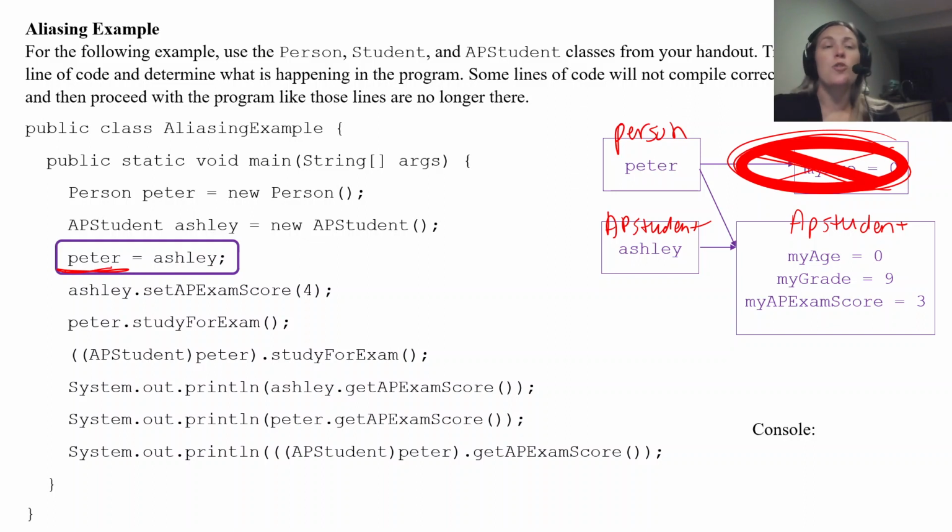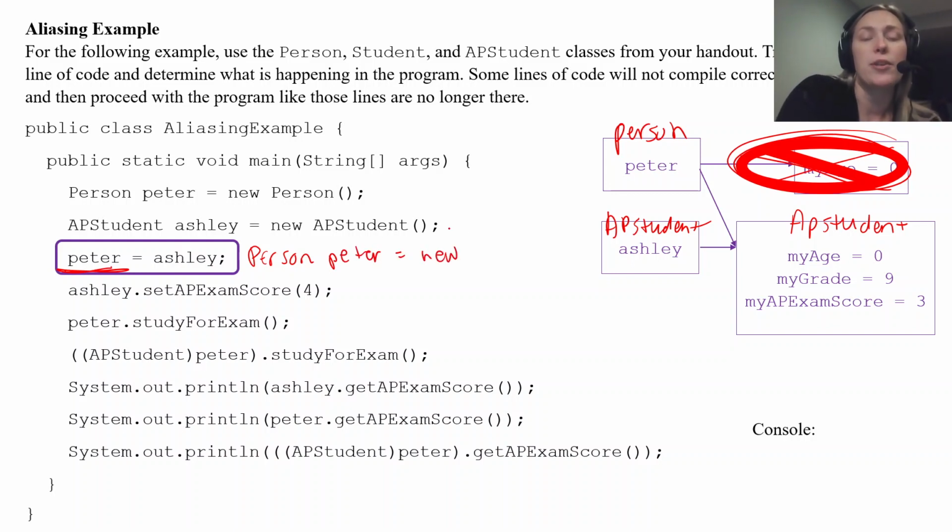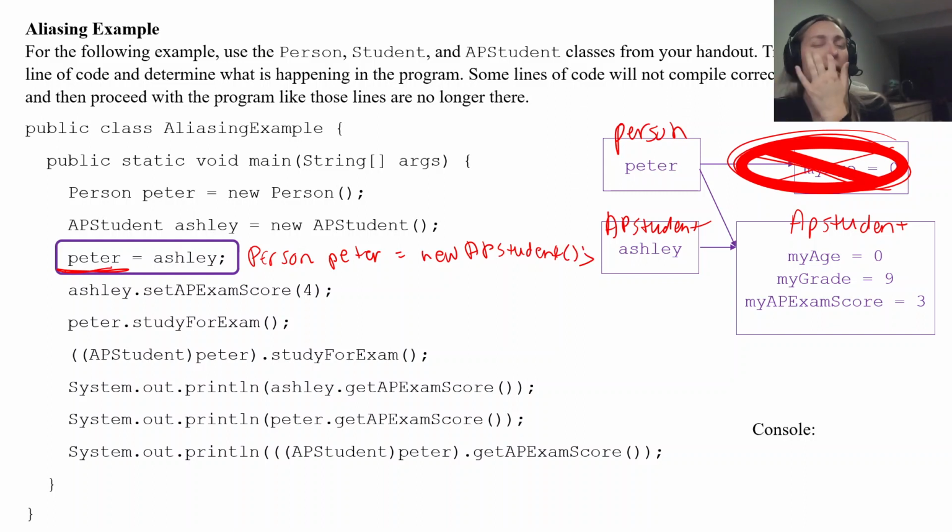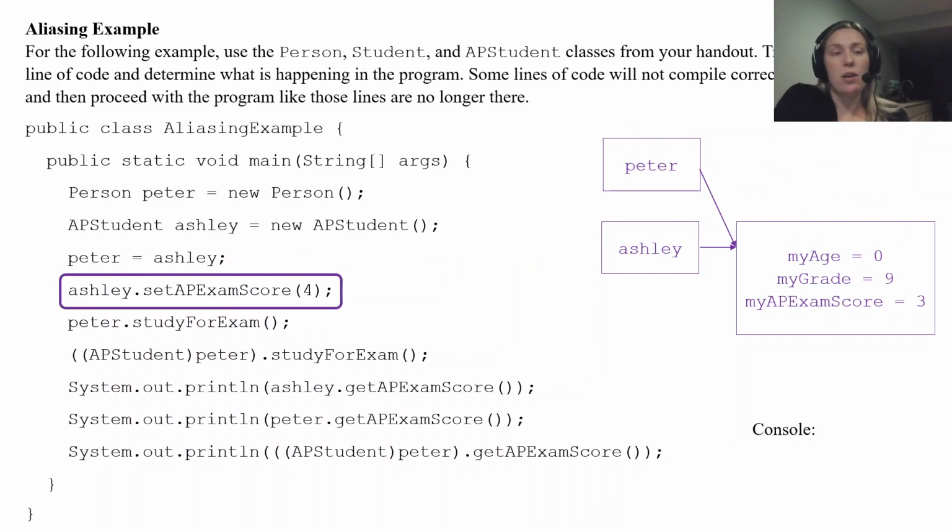What we just did here is very similar to saying Person Peter equals new AP Student. That's not actually what happened, but I'm just trying to relate it to upcasting a little bit. That's what it looks like.